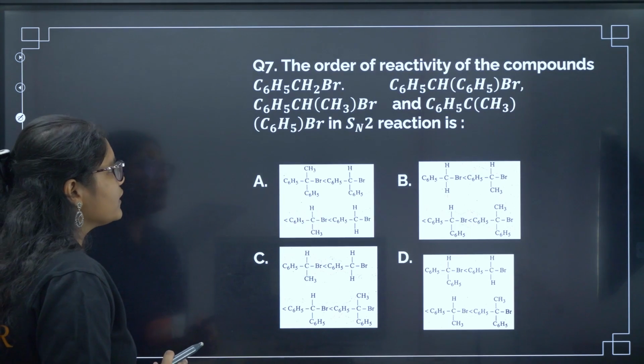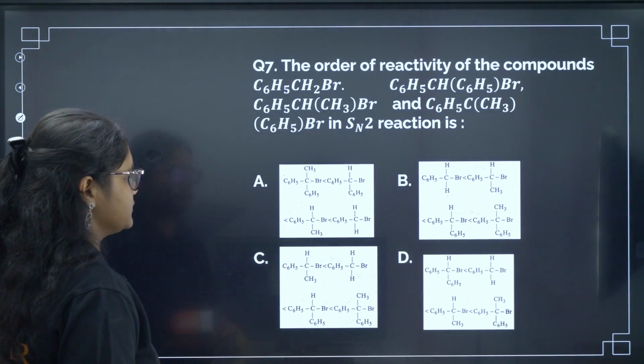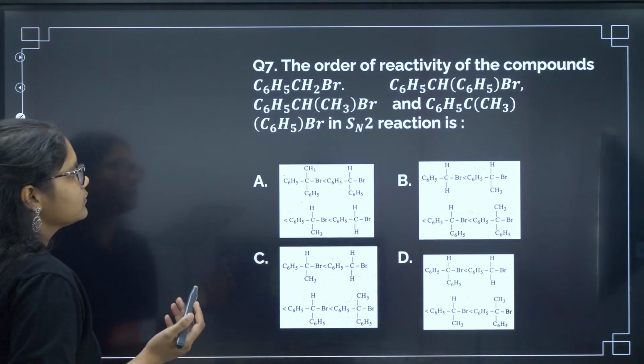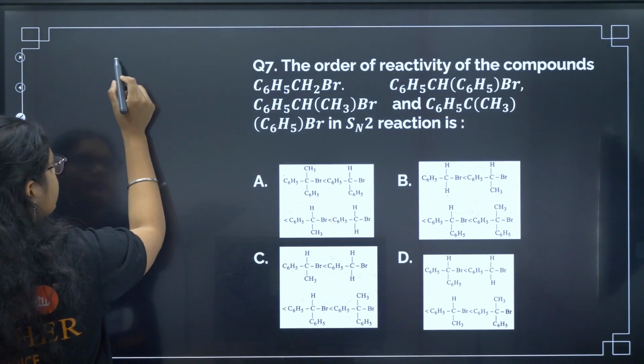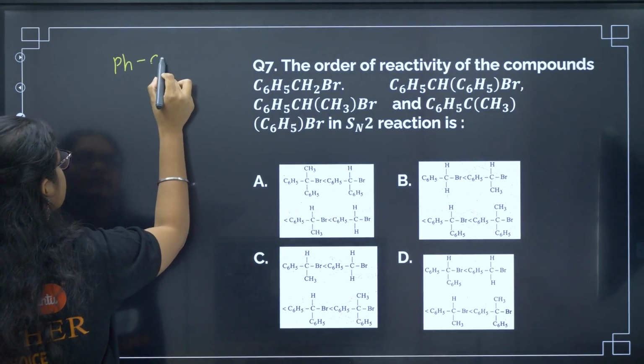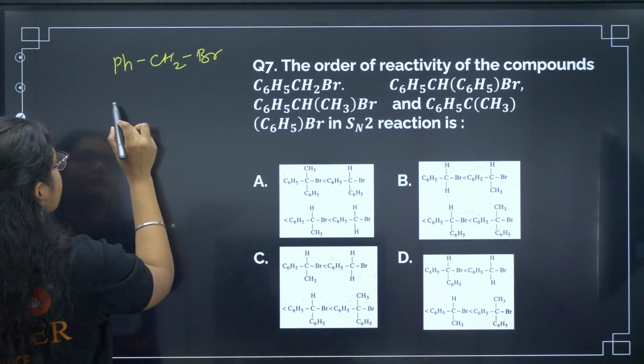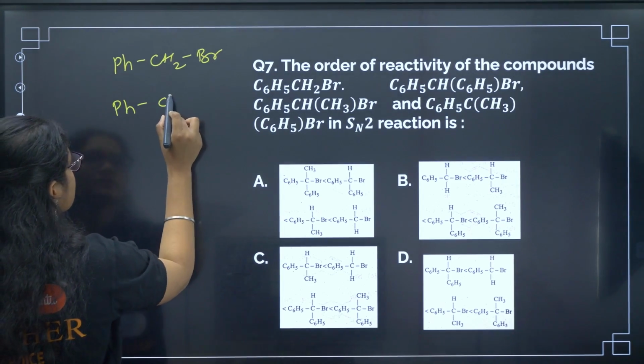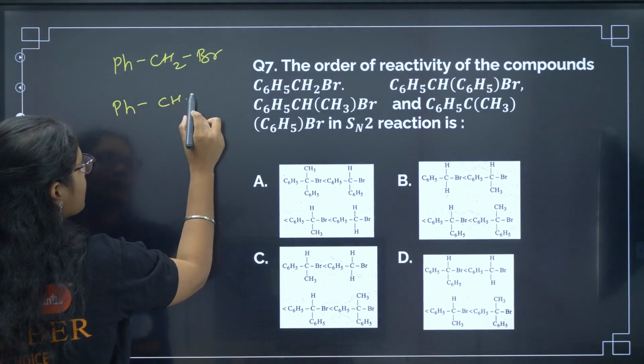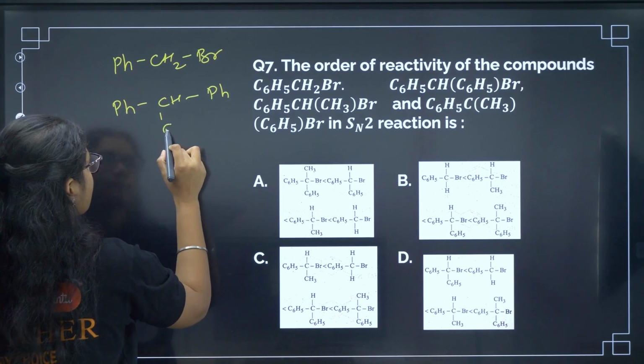Order of reactivity of the following compounds. Okay, so let us see the structure. First we have Ph-CH2-Br, first compound. Second compound we have Ph-CH(Ph)-Br.